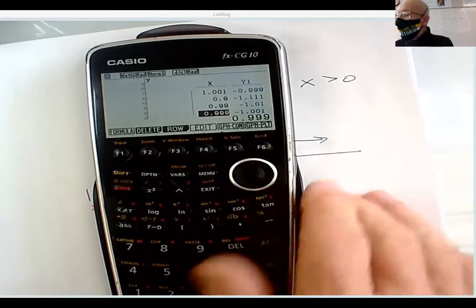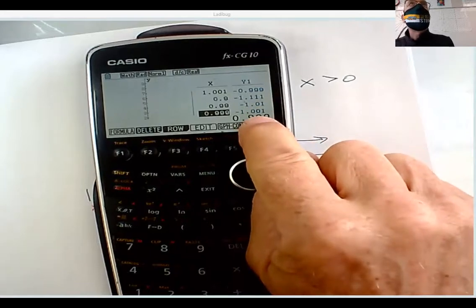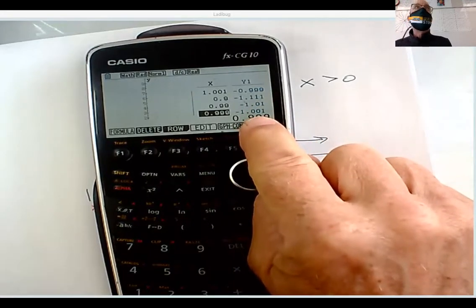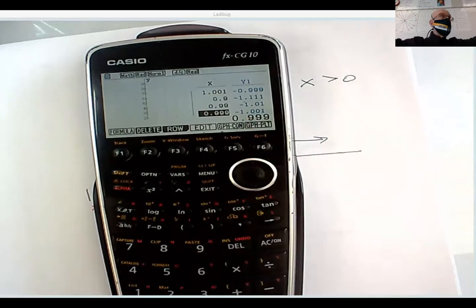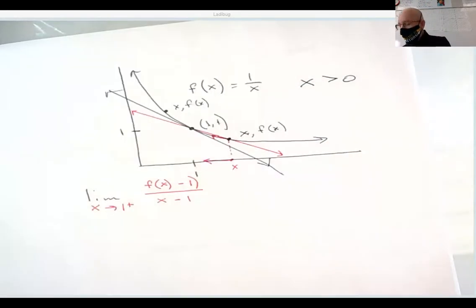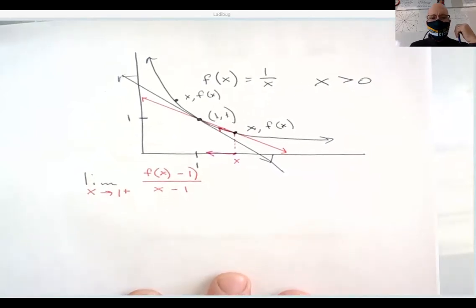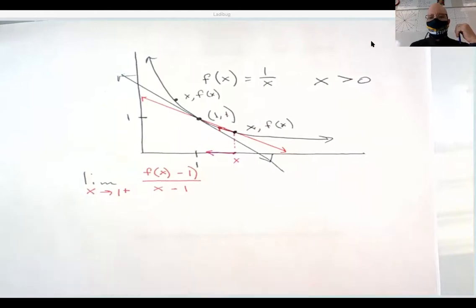Do these numbers look like I'm approaching -1 from the other side? I think the slope is -1. Does that make sense to everybody? So now I'm going to come over here. Are we doing okay with that? Yeah, we're doing okay. Okay.